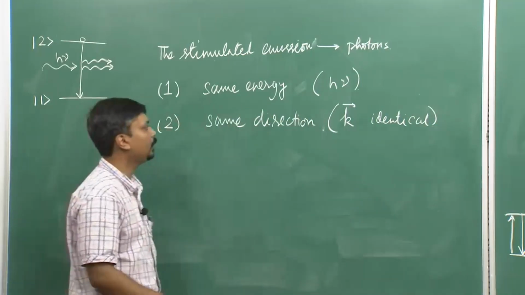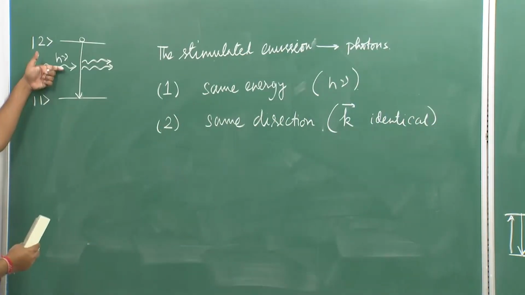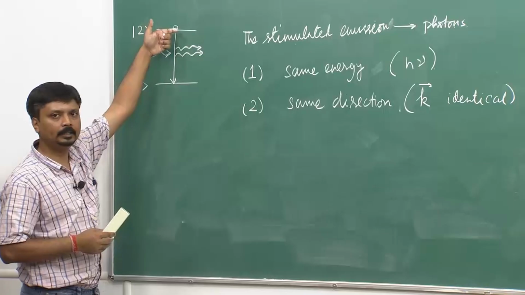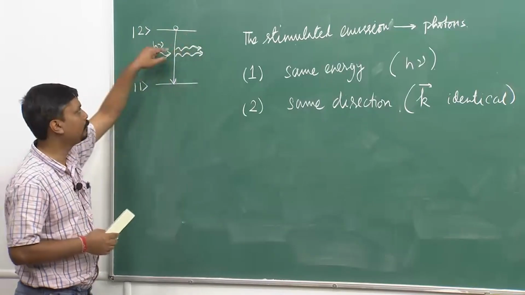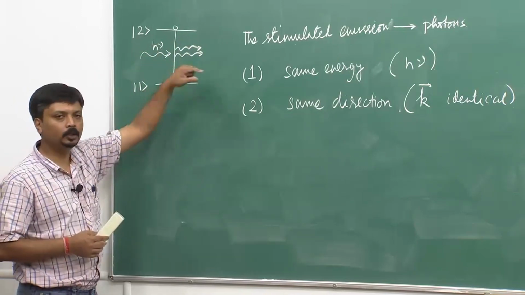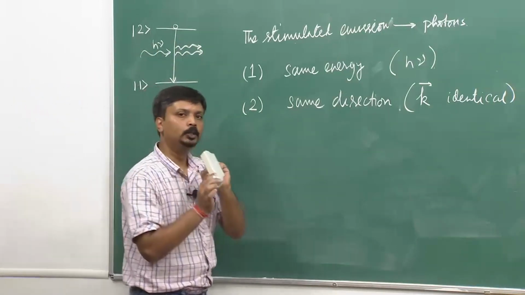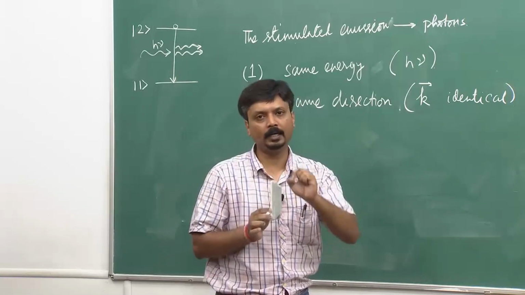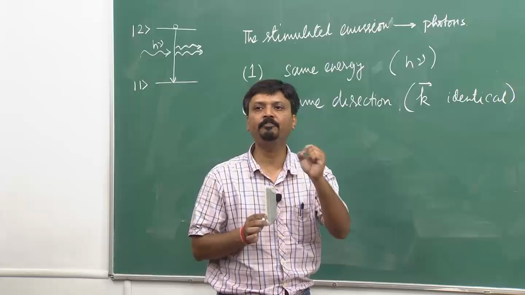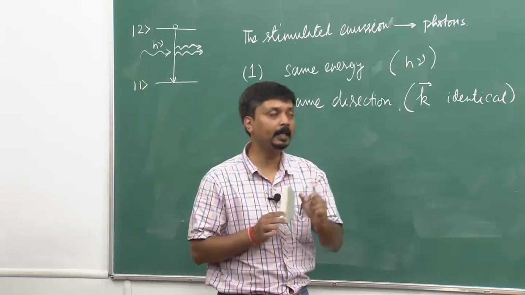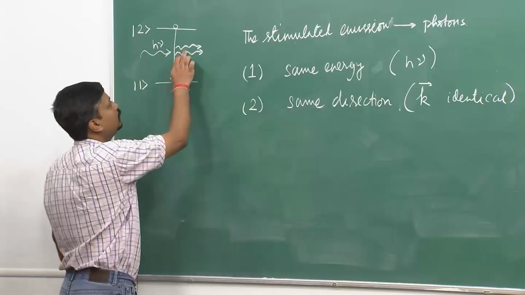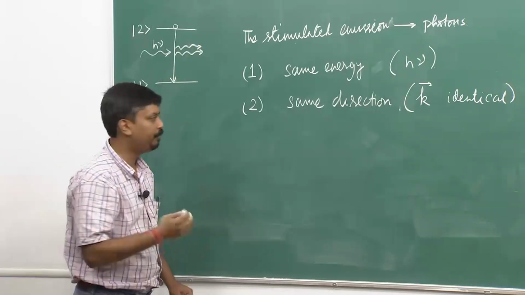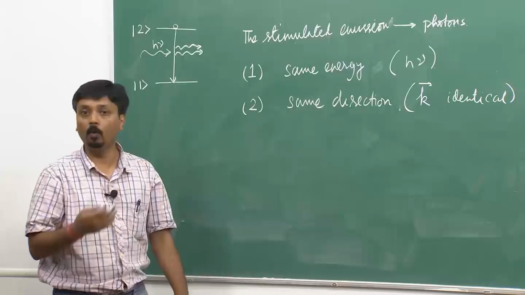This photon is coming and interacting instantaneously. The light is being emitted and the original light is also going. So, there is no option for the emitted light to have a different phase. That means that both of these photons will have the same phase, or they will be coherent.